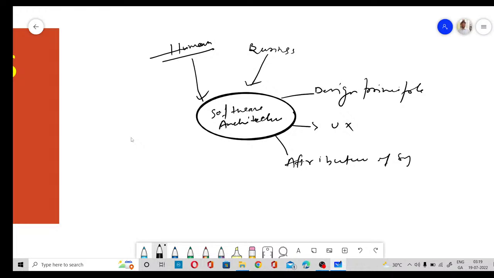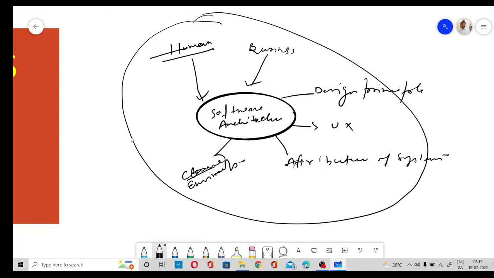Then some sort of environments, altogether. But what is the actual intention of all these topics? The actual intention is nothing but a better, effective architecture solution.